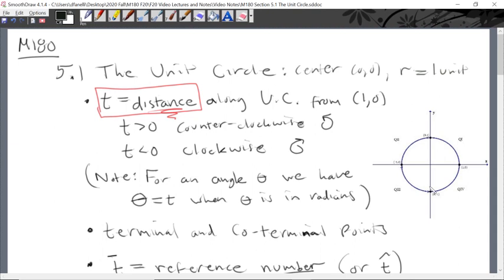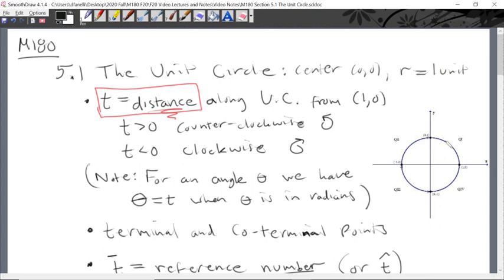So here's a graph of the unit circle. It would have points on it like 1, 0, 0, 1, negative 1, 0, 0, negative 1. And the xy coordinate plane is subdivided into 4 quadrants. We have quadrant 1, quadrant 2, quadrant 3, and quadrant 4.